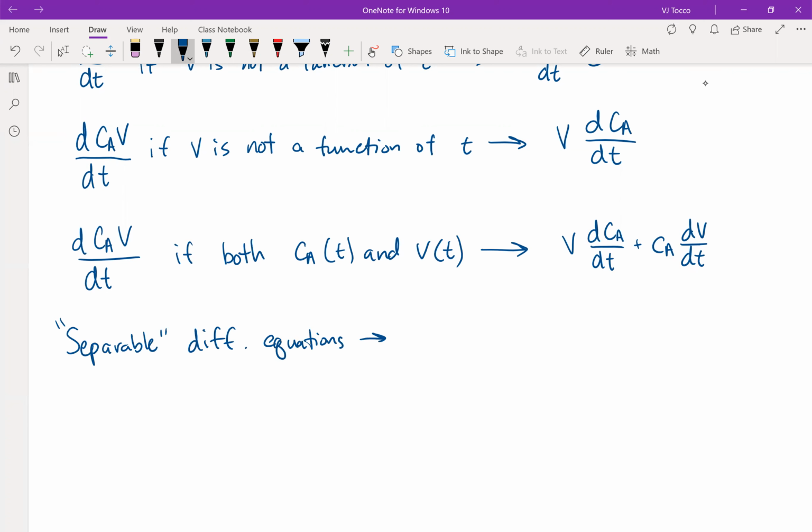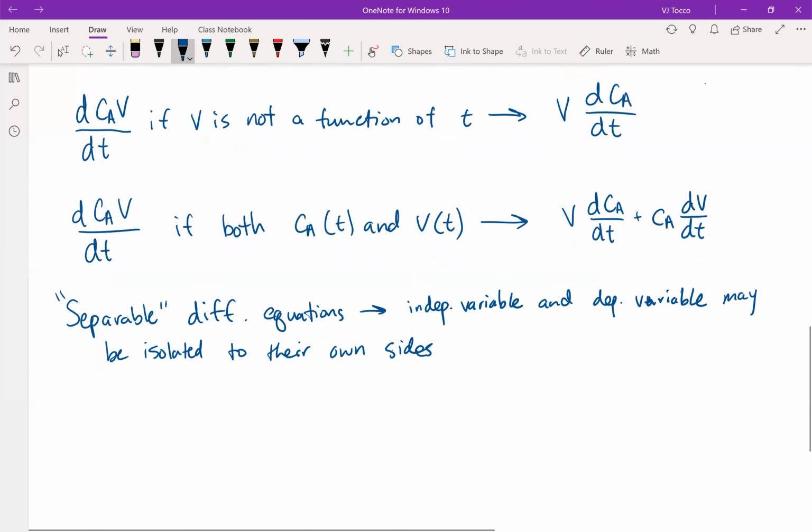And this means independent variable and dependent variable may be isolated to their own sides.